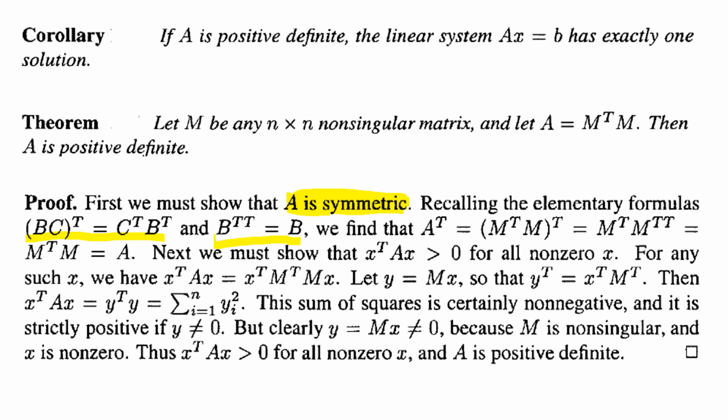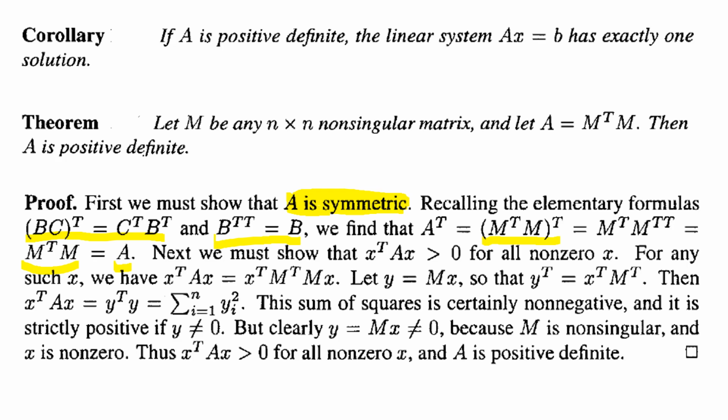We find that A transpose is equal to this, and using these two results, we obtain that A transpose is equal to M transpose M, which is equal to A. Hence proved that A is a symmetric matrix.